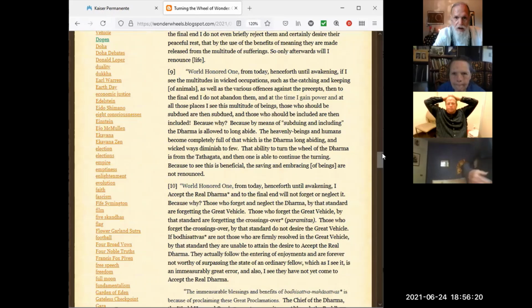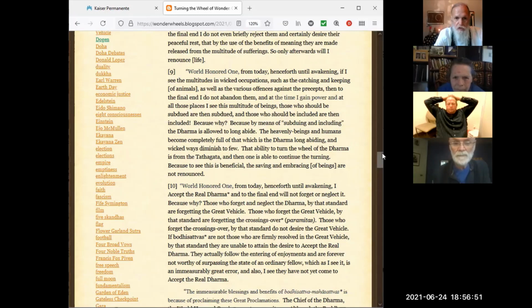And at the time I gain power, and at all those places I see the multitude of beings, those who should be subdued are then subdued, and those who should be included are then included. Because why? Because by means of subduing and including, the Dharma is allowed to long abide. The heavenly beings and humans become completely full of that which is the Dharma long abiding, and wicked ways diminish to few.